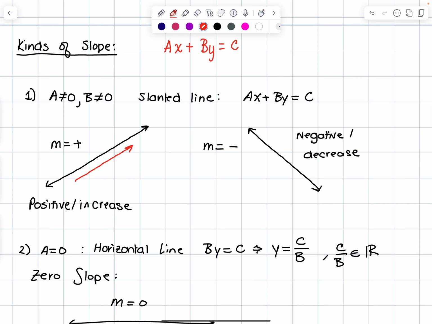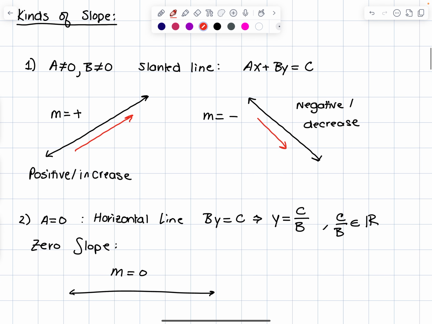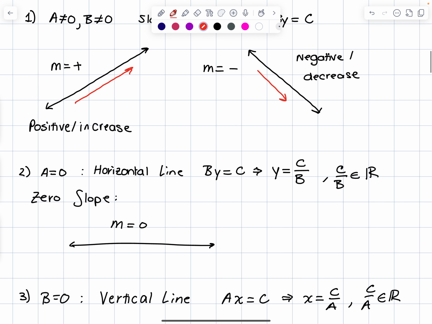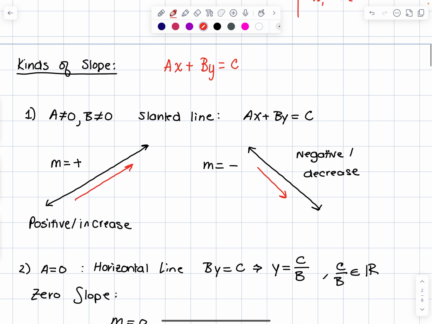Now, if the slope is negative, it's going to decrease from left to right. So usually we always refer to graphs as reading them from left to right. We never read them right to left. Always read left to right, from the bottom to the top. That's the way that we generally read graphs. So this is a positive increase, this is the negative decrease, and that's what the slope has to do. So there's a negative there. All right, so that's the first case, and we've seen those before.